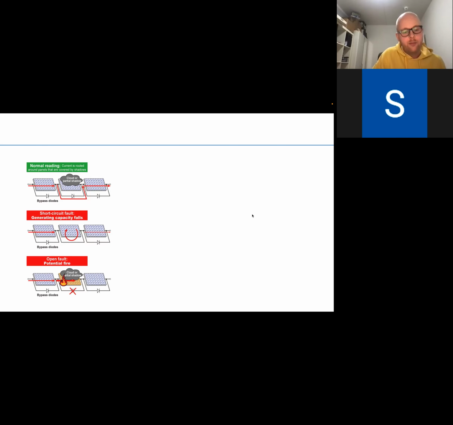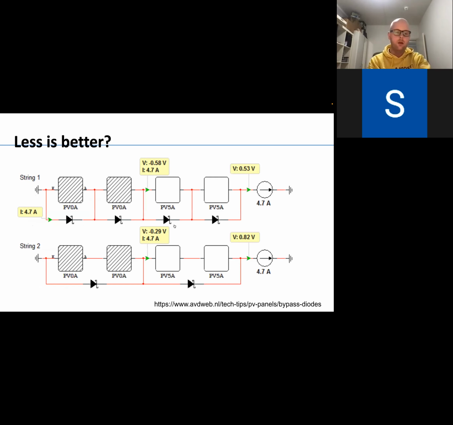I've never seen that with a solar car, but I have seen teams that did not put diodes in their array, and therefore solar cells did get damaged because they had to dissipate a lot of power while they were shaded. Not good. Another picture: how do you place your diodes? The top picture shows a diode per solar cell. But the voltage of a solar cell is usually only 0.6 volt, and the voltage drop over a normal diode when it's conducting could also be close to 0.6 volt.